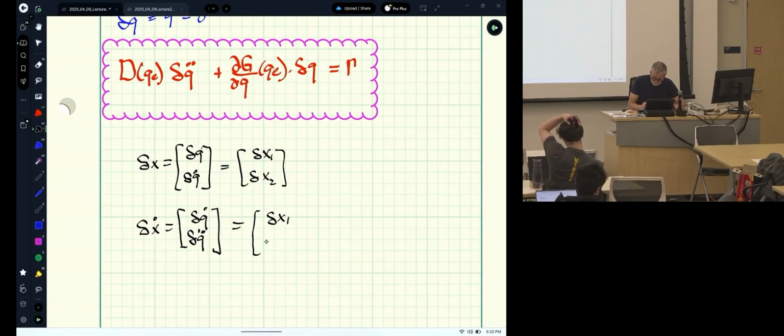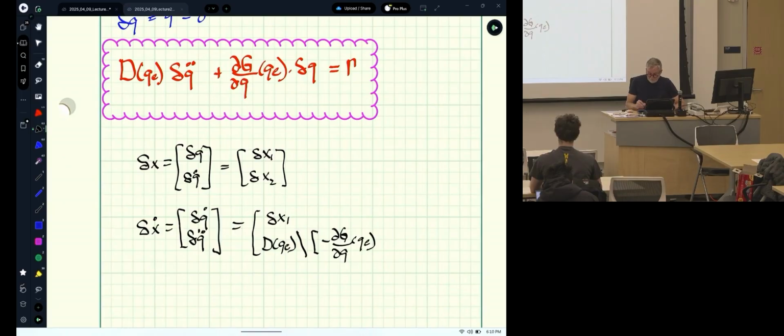So we never like to do inverses, so we use the backslash command. And then we've got minus this is delta x1, and then plus gamma.